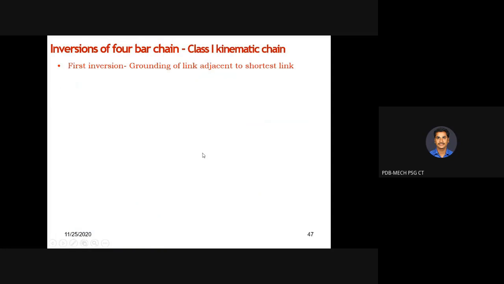So first let us look at the first inversion. What is meant by first inversion? It is nothing but grounding of the link adjacent to the shortest link.